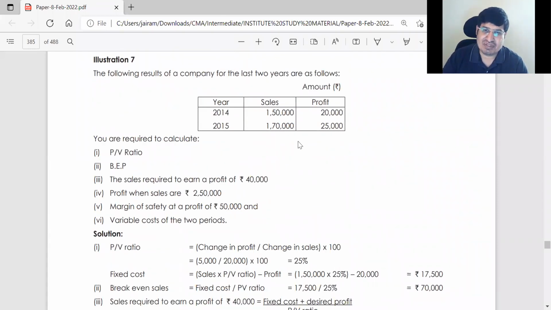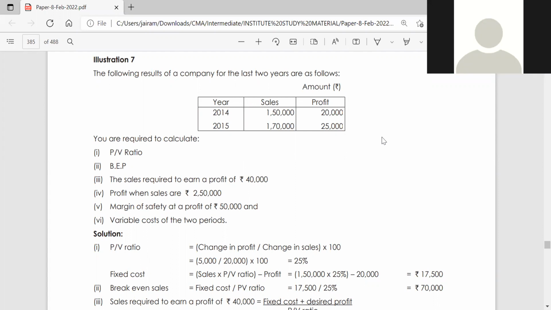Now see, again the same statement, you would have understood. The following results are for the last 2 years, 2014 and 2015. Now just give me the PV ratio quickly. Tell me what will be the PV ratio from this statement. 25%. Good.